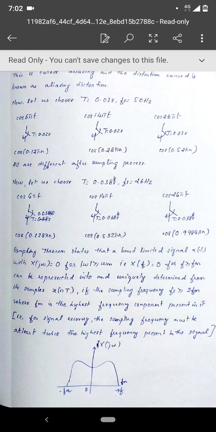Then the boundary or margin of the sampling rate can be found by simply doubling that highest frequency. From that you can find the sampling interval and apply it. Then for that highest component frequency, the argument of the cos function after the sampler will just become pi n. If it goes above pi n, then the two signals will be the same. Again, the aliasing distortion will come.